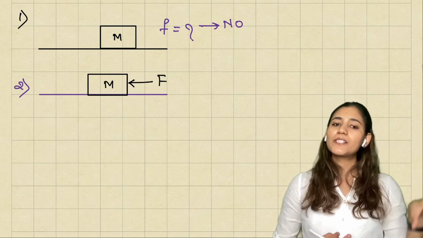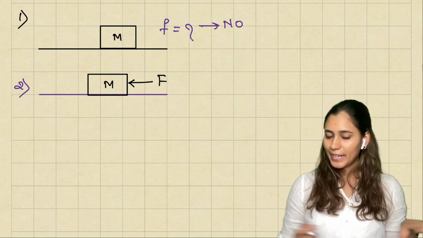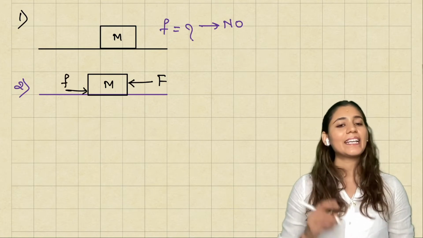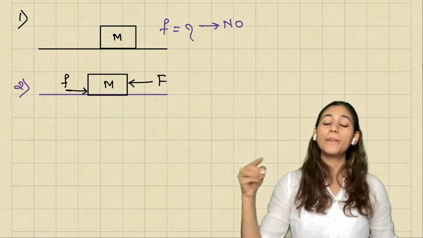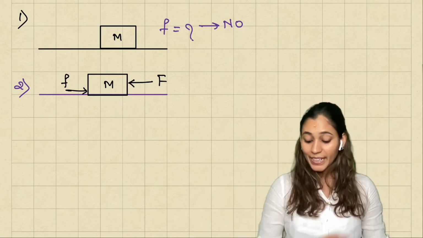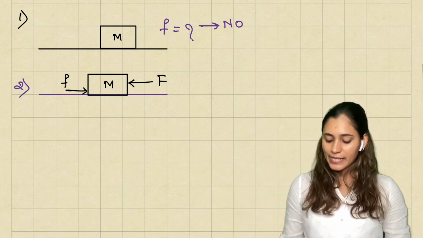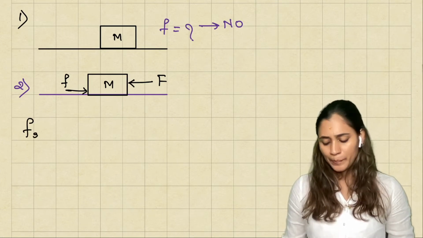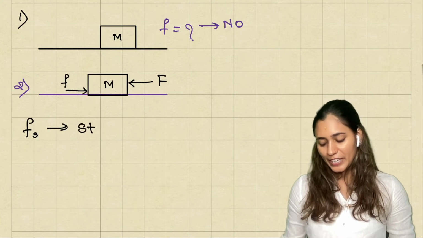But again, the block is not moving. Why? Because some force is acting in the direction opposite to the applied external force, and this force we can represent with Fs, the static friction.